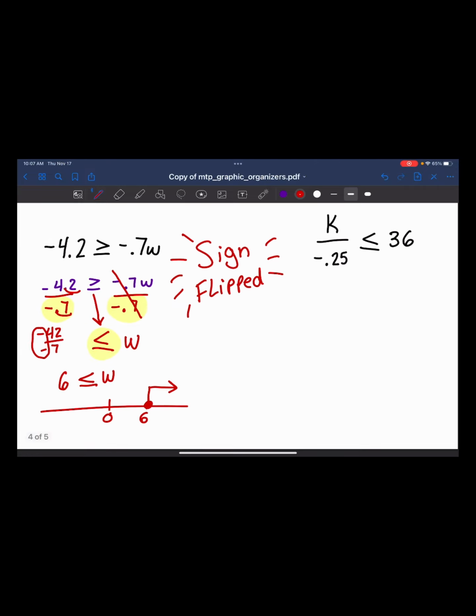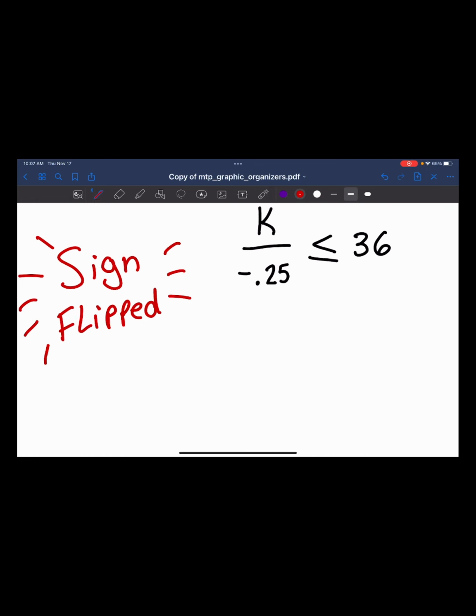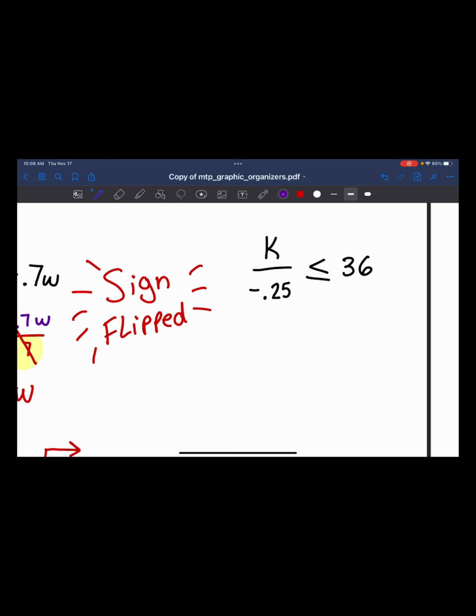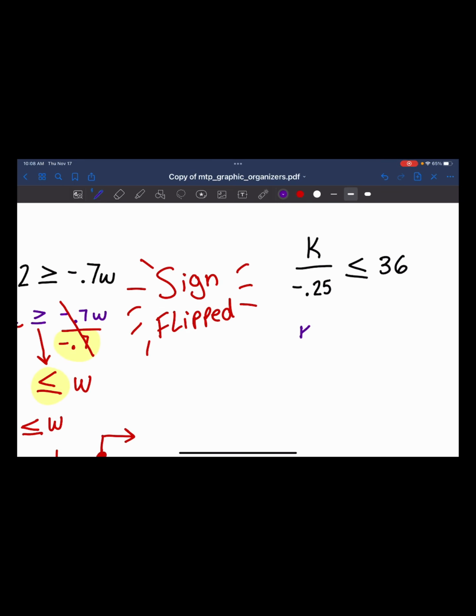All right, last problem. k is being divided by -0.25. So the opposite of being divided by -0.25 would be to multiply by -0.25 to both sides. But let's go ahead and rewrite it so that we have this nice and neat in our notes.